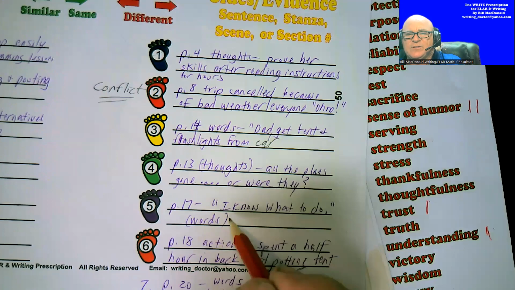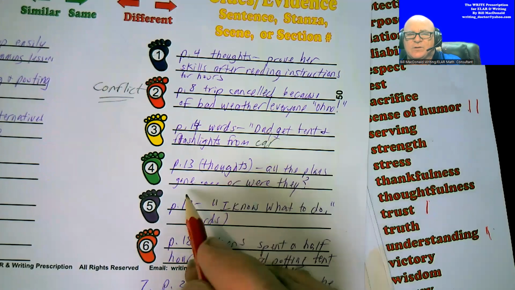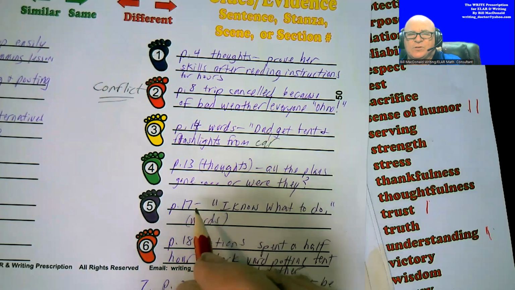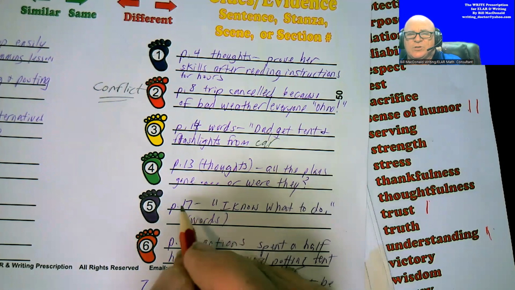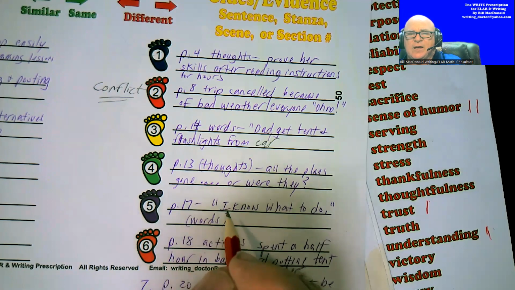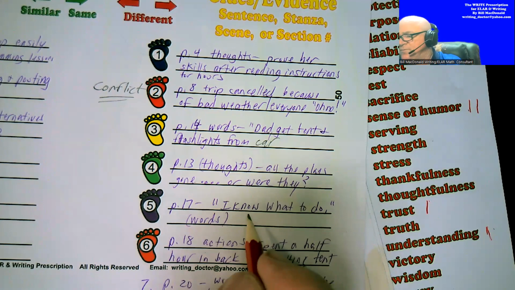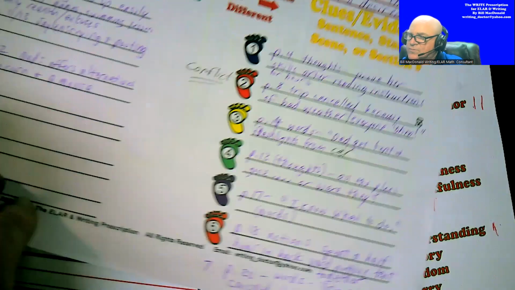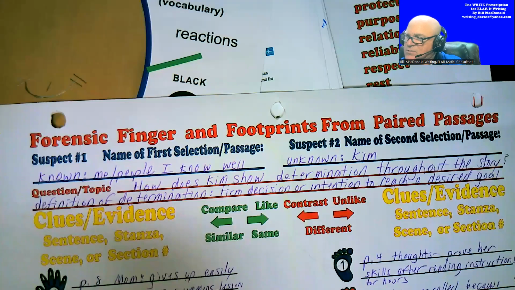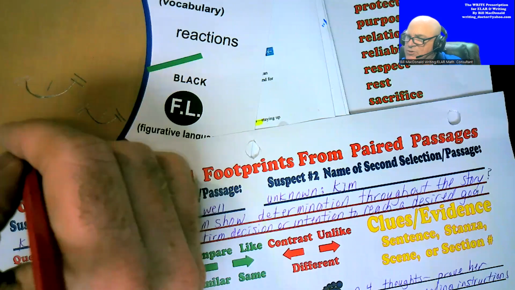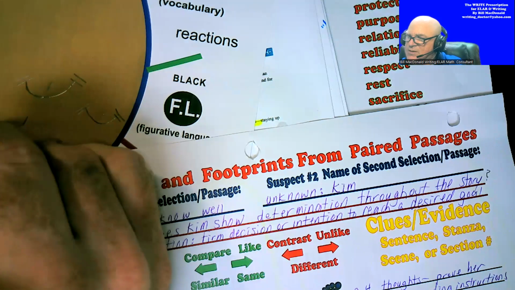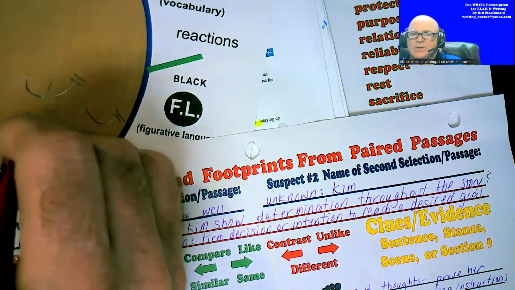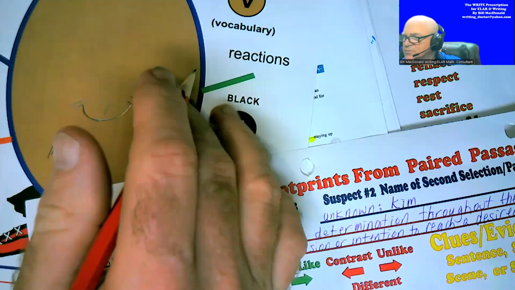Paragraph 17. Her dad asks her if she needs help, and she says very clearly, "I know what to do." Okay. So that shows some determination because it would have been easy just to accept help from dad.